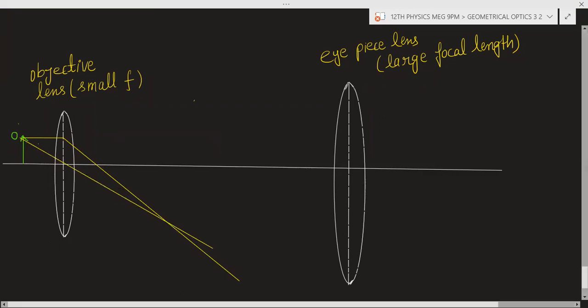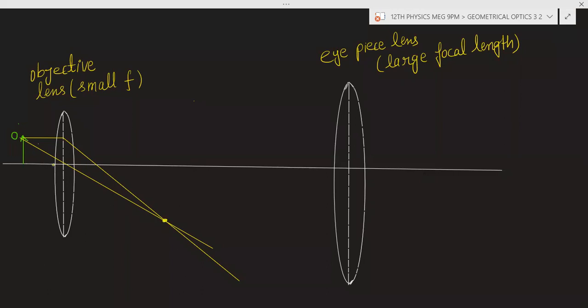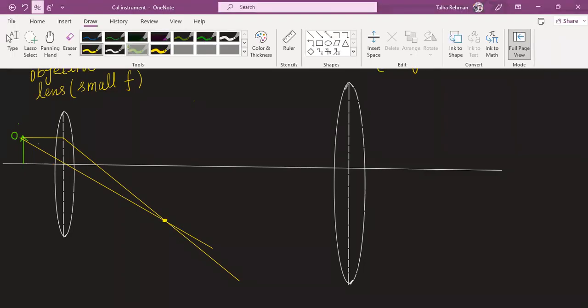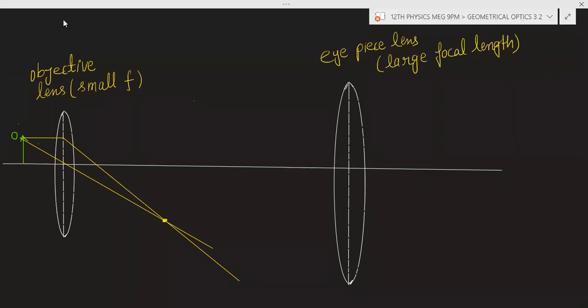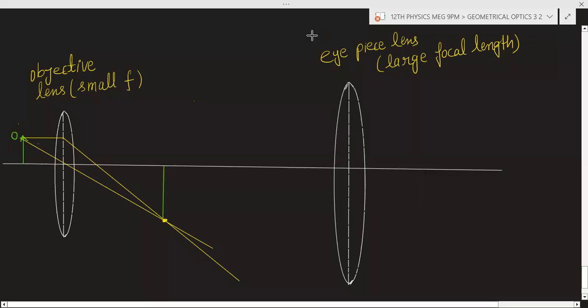So basically this is the image formed by the objective lens. Somewhere here the image is formed by the objective lens. So we can show the image formed by the objective lens. This will be the image.